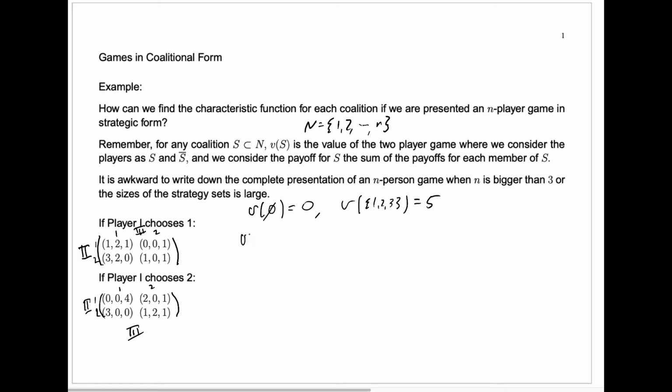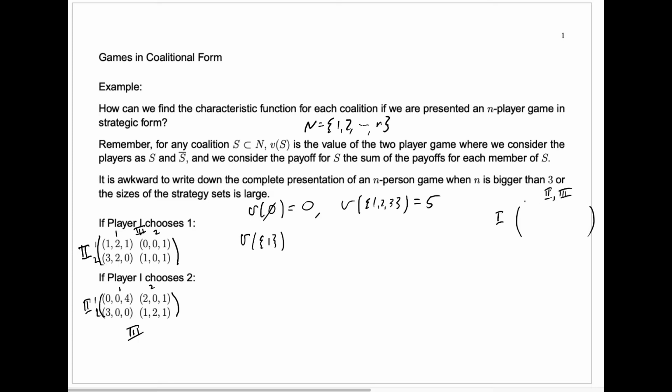Well, let's look at what is the value for player 1 as a coalition with just the one person. Well, to find that, I'm going to go over here to the right. We can look at the payout matrix where player 1 is playing a 2-player game against now the coalition of players 2 and 3.